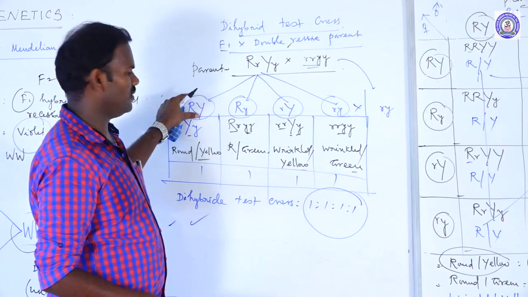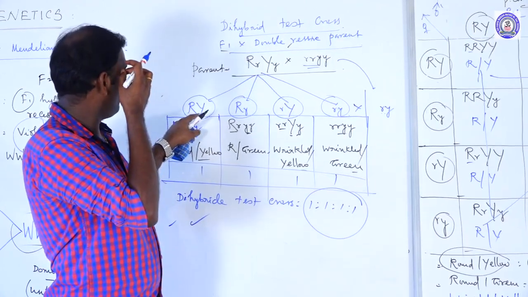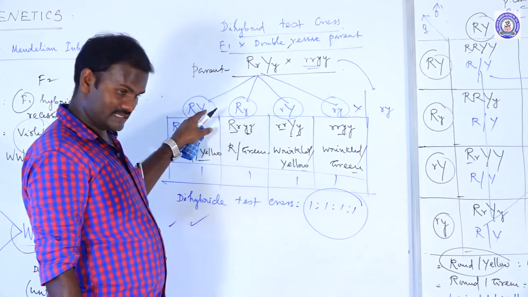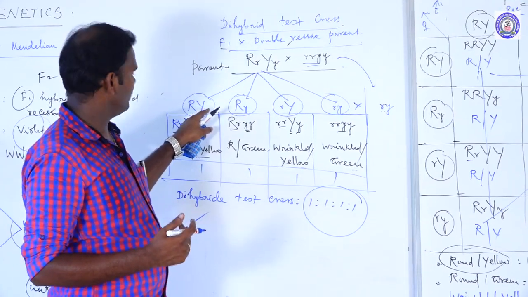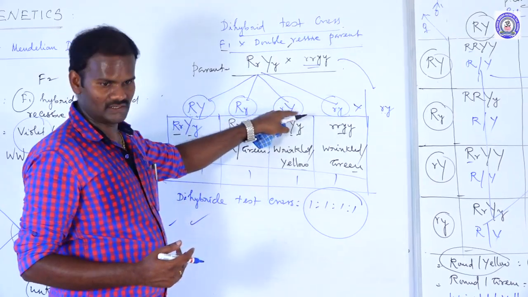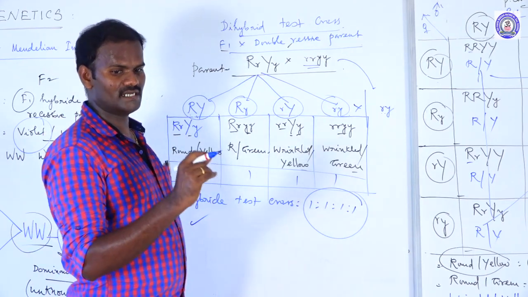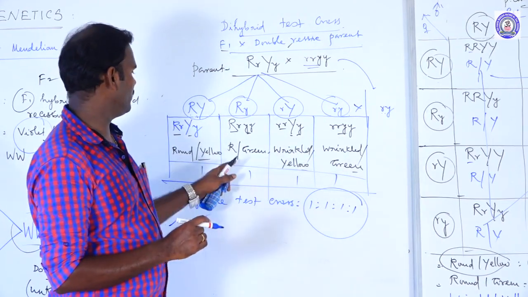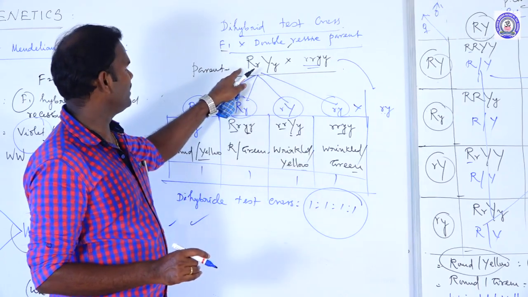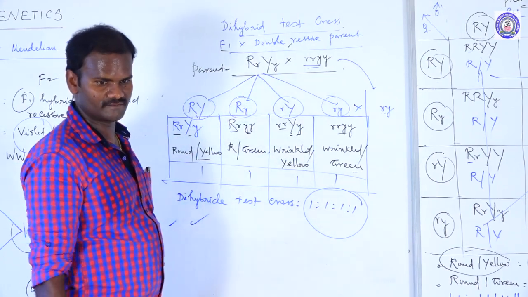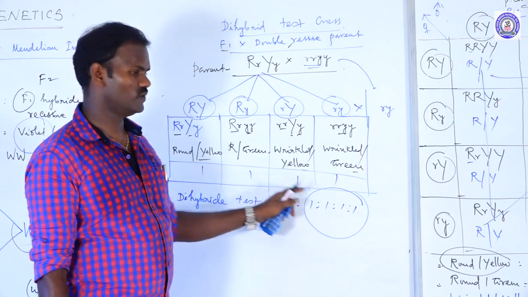So during gamete formation, the two pairs of alleles are segregated, separated, independent of the other pairs. This is called the law of independent assortment. So to prove the law of independent assortment, we conduct a dihybrid test cross. The dihybrid test cross ratio is 1:1:1:1.